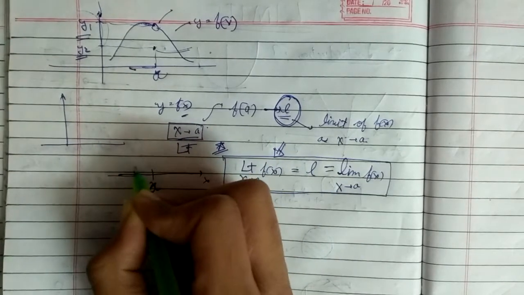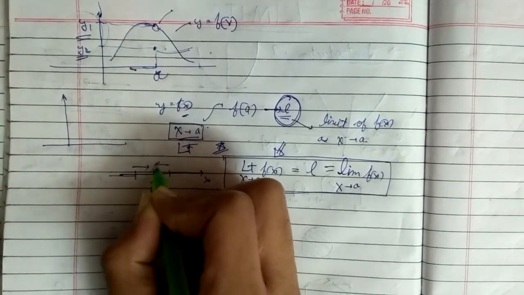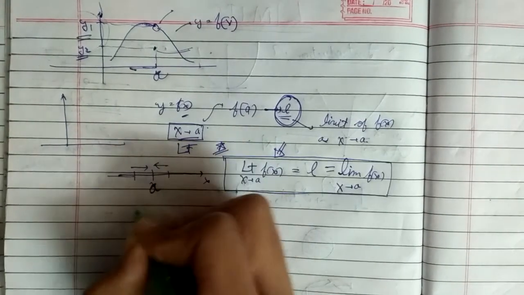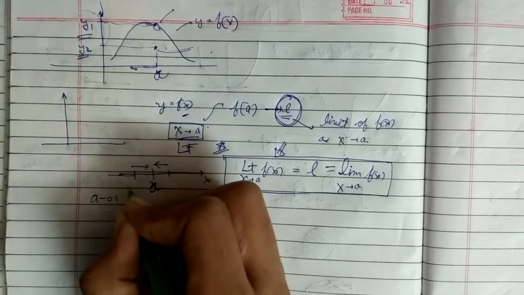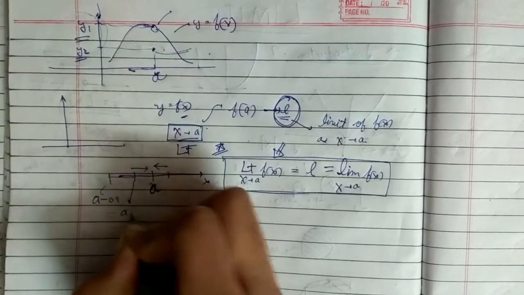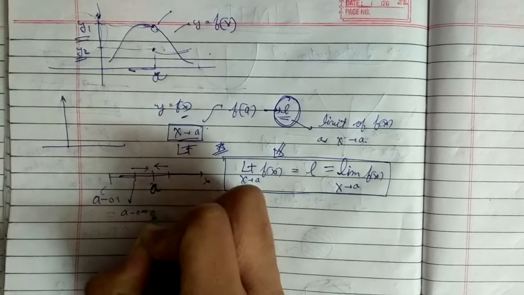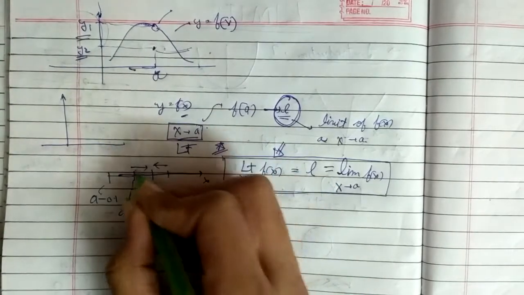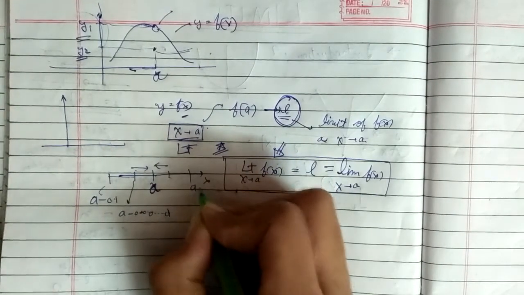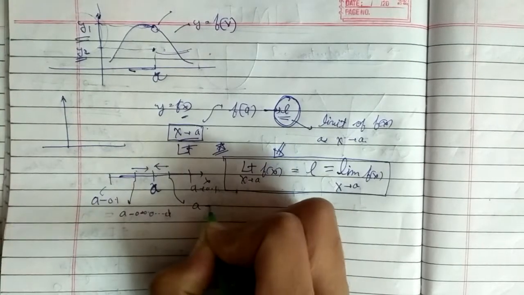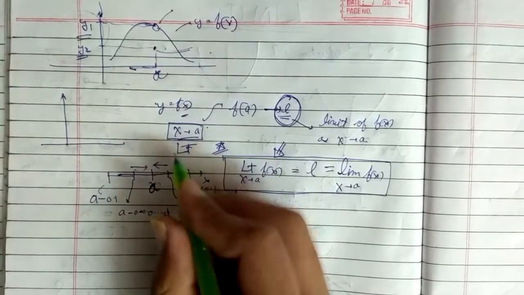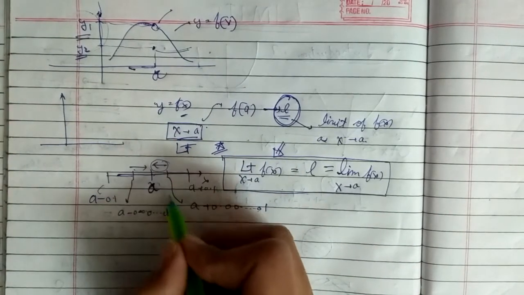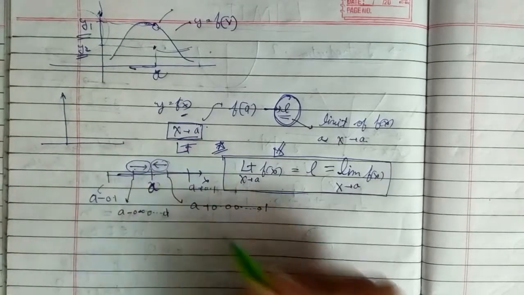If we are coming from this side or from this side, like if it is a minus 0.1, then here this is a minus 0.00001, and then a, or a plus 0.1, and this is a plus 0.00001, and then a. This is approaching from the right hand side, and this is approaching from the left hand side. Okay.